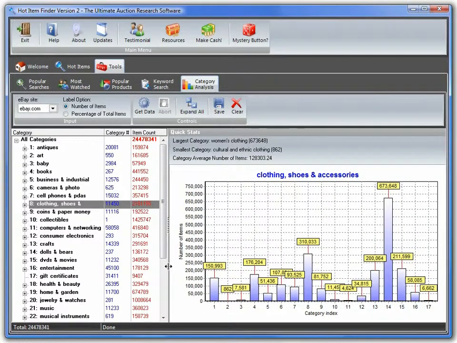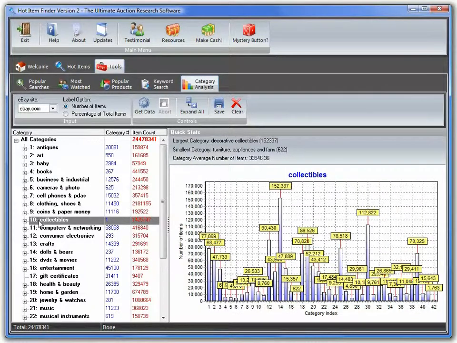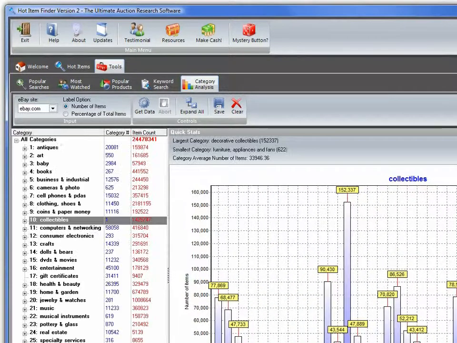Interesting. I guess that's the best one. And I thought it was collectibles. Oh no, sorry, I was right. 14. I guess you can't see the index. That's the problem. Okay.